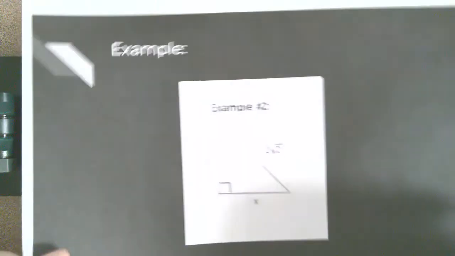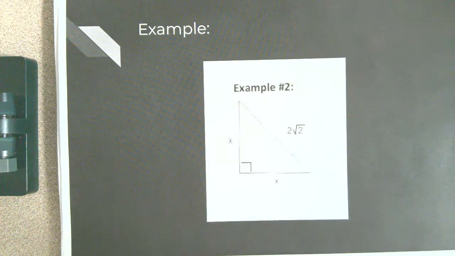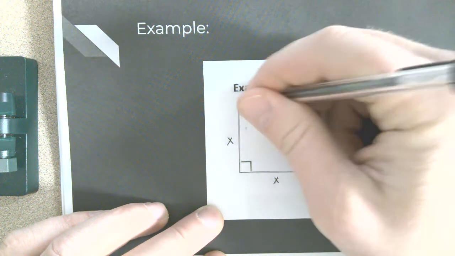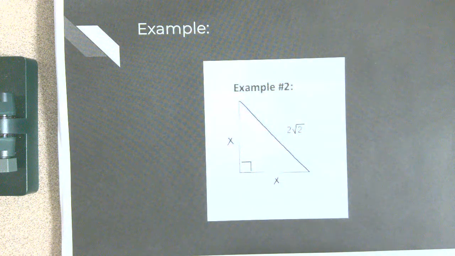Okay, let's look at example 2. On this one, we're going to give you the hypotenuse, and we're going to try to find the legs. The hypotenuse is 2 radical 2. The legs are each x.